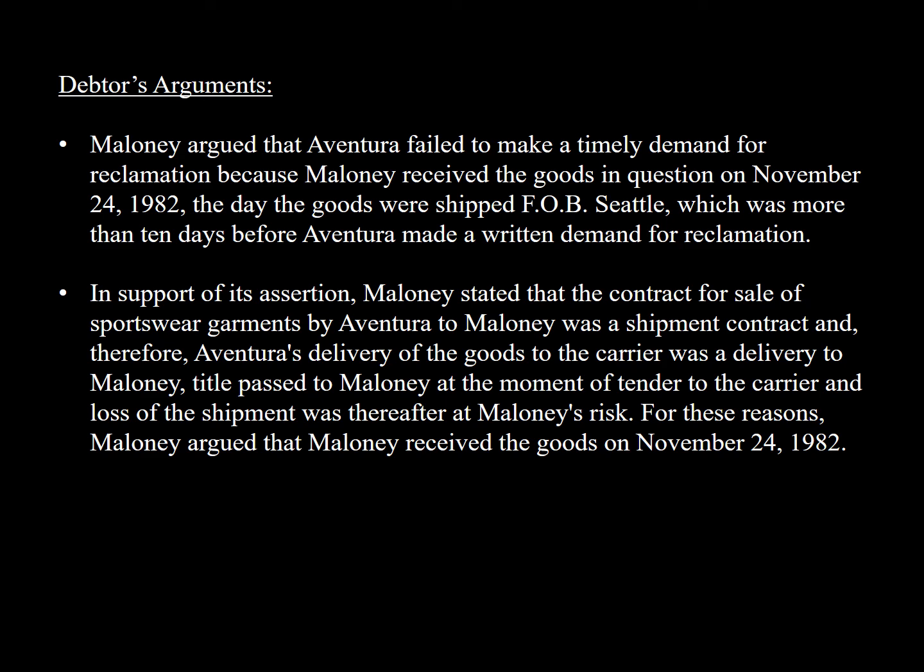It's not when I shipped the goods. It's when the debtor receives the goods, and the debtor didn't get physical receipt of the goods until November 24th. The debtor says we received them when you handed them over to the shipper, FOB, not when we actually physically received the goods.